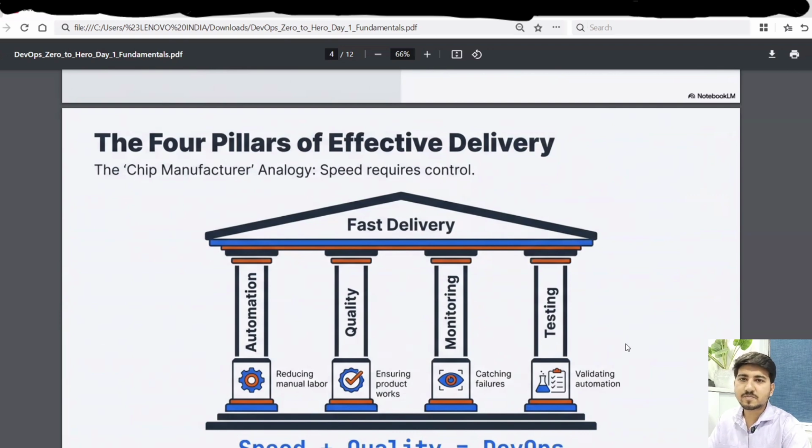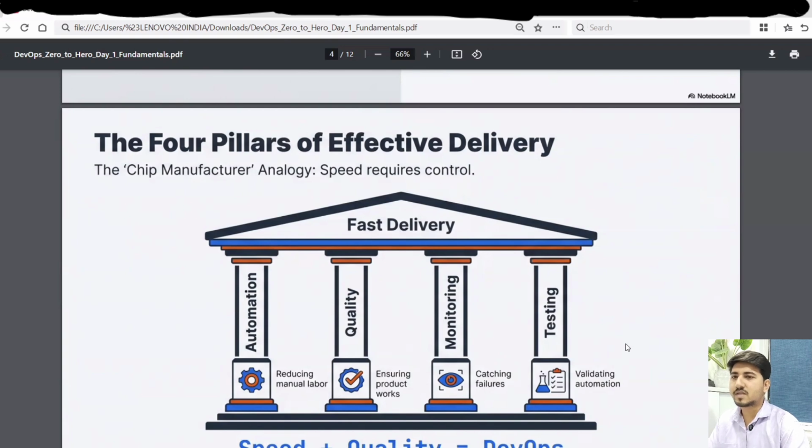That requires speed, and speed requires different types of tools and controls. The chip has to be delivered efficiently at a very low minimum price, so speed requires control. How will faster delivery be achieved? It will be based on automation, quality, monitoring, and testing.